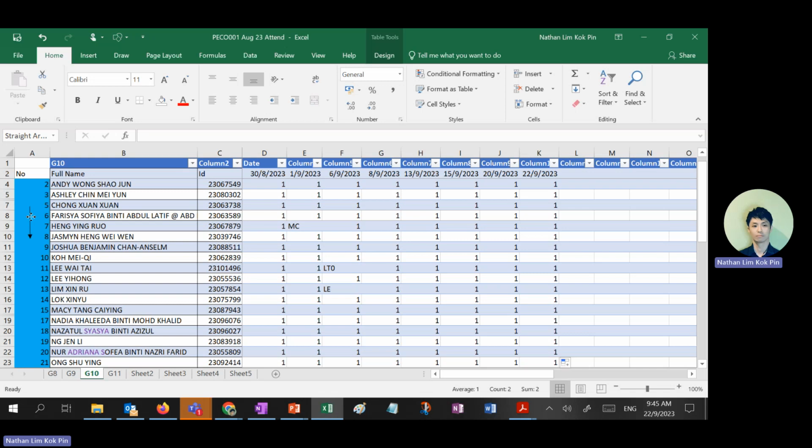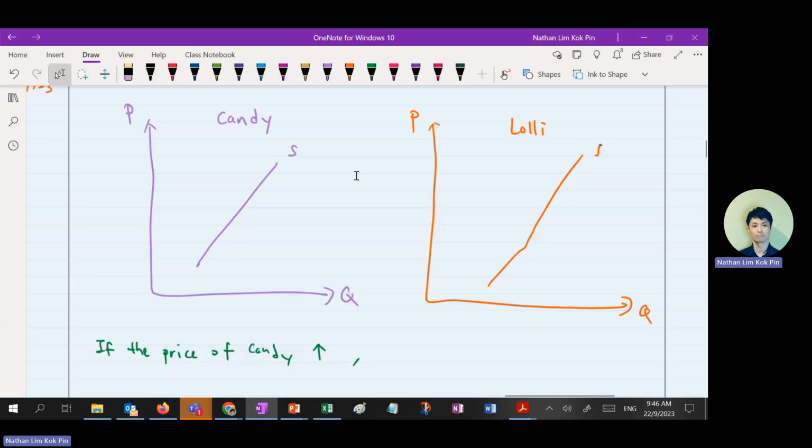The price of candy increases, what will happen to candy supply? I'm looking for one very important word.